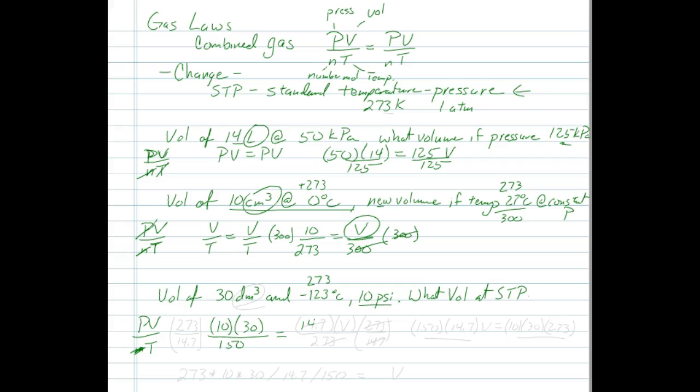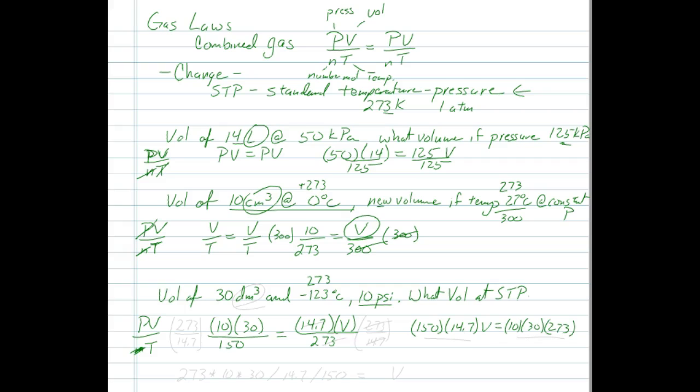So it's 14.7 psi times the volume, which we're trying to find, divided by standard temperature, 273. Now, in this type of problem, you can cross multiply: 150 times 14.7 times V equals 10 times 30 times 273.